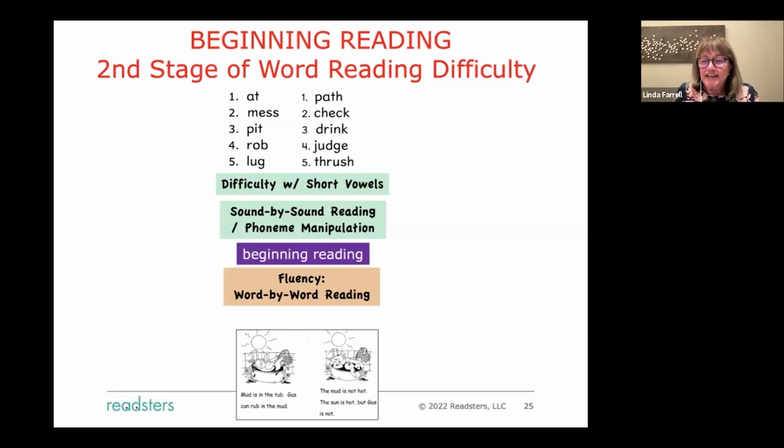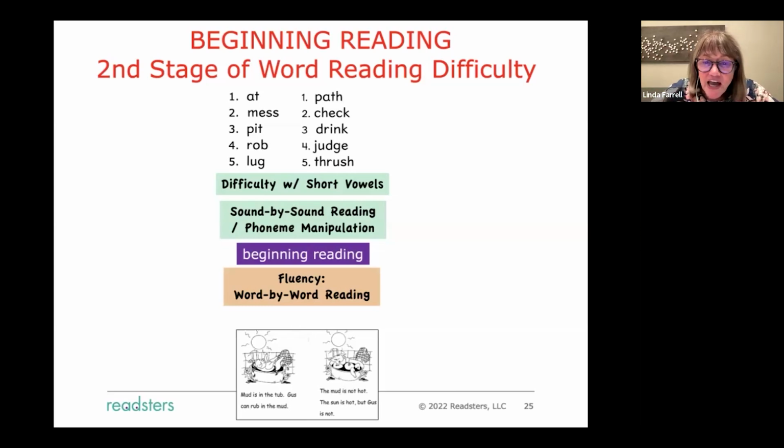Their fluency might be word by word, and you just don't move beyond that. If they can't develop fluency, some kind of reasonable rate of reading with just short vowel words, they will not be able to develop it with the more complex vowel sounds.